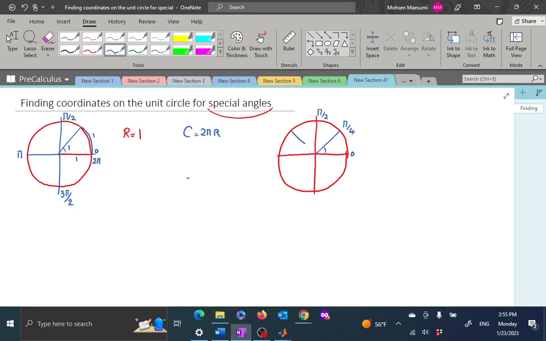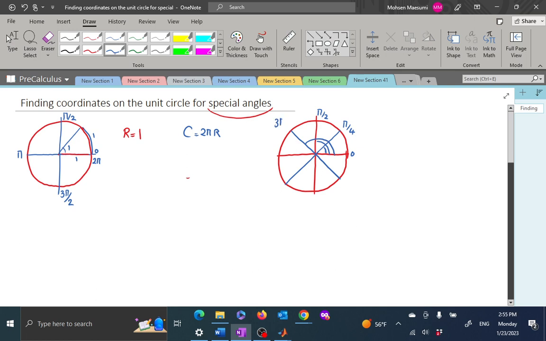I can divide this one by half as well, like a pizza divided into 8 slices. So if this is pi over 4, this is 2 pi over 4, which is the same as pi over 2. This is 3 pi over 4.